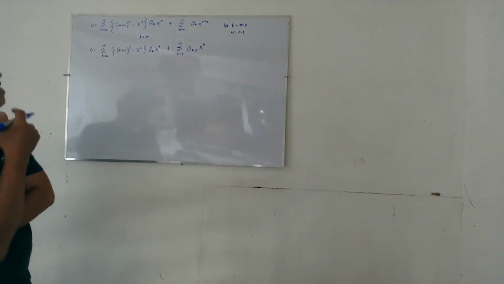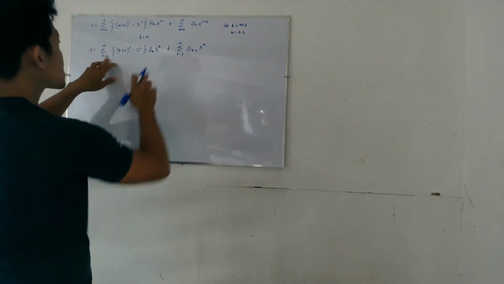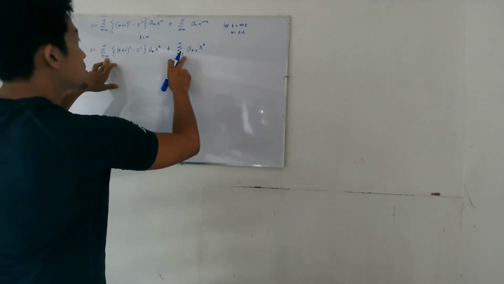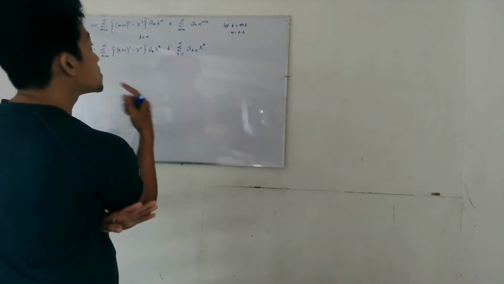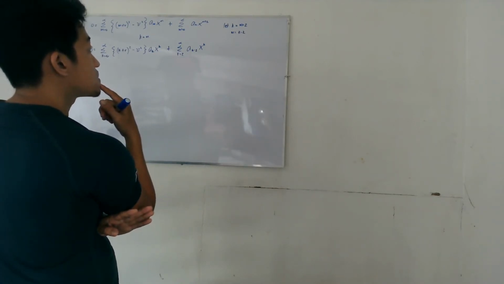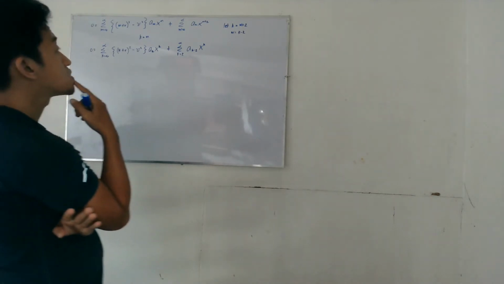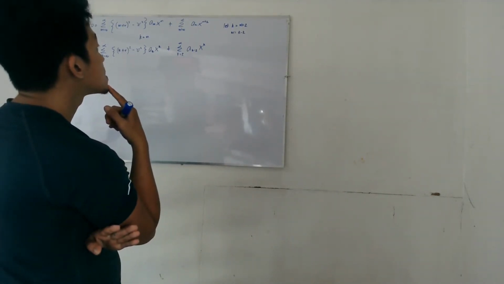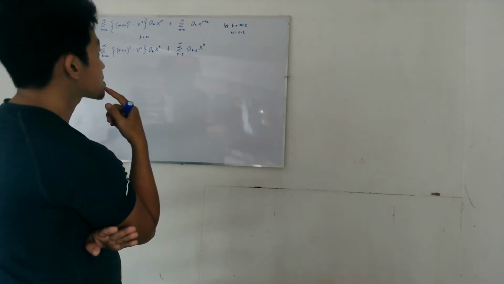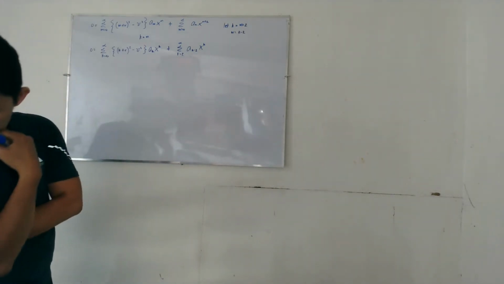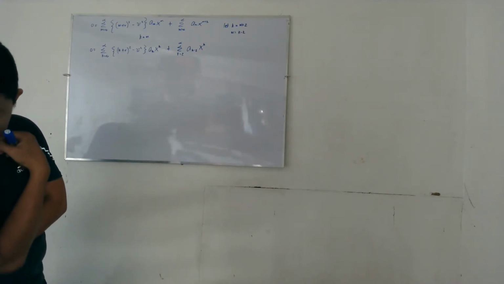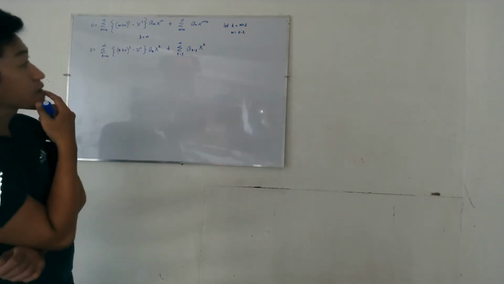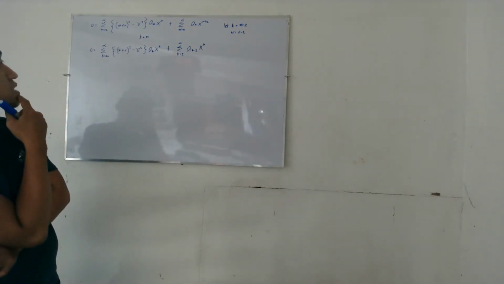So that is it. And m equals 0, k equals 2. So m is k, x to the k. Right? X to the k.